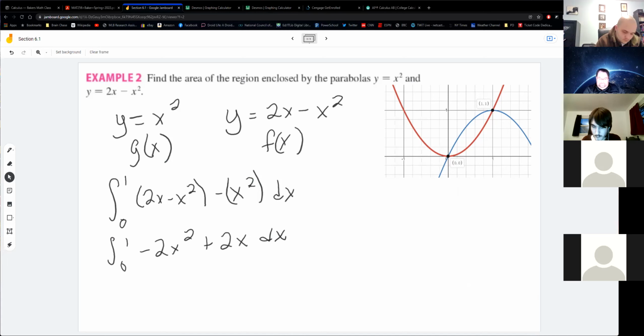And then the integral of 2x ends up being just x squared, because the 1/2 and 2 cancel each other out.